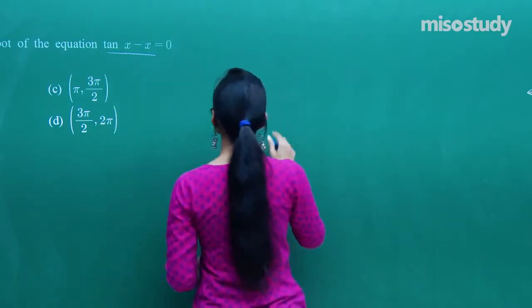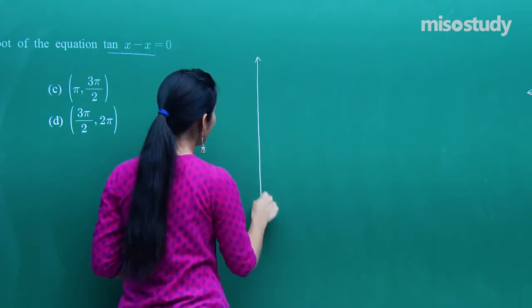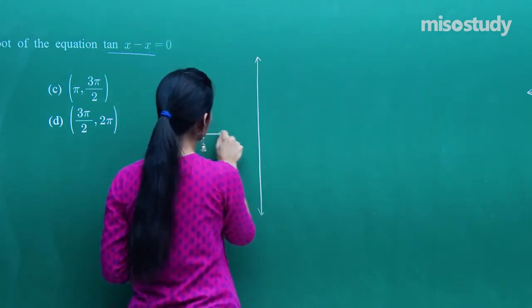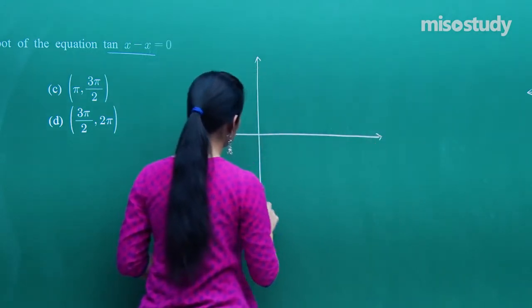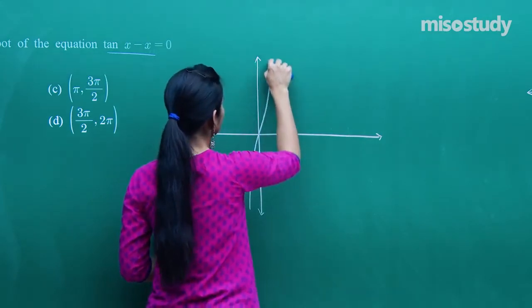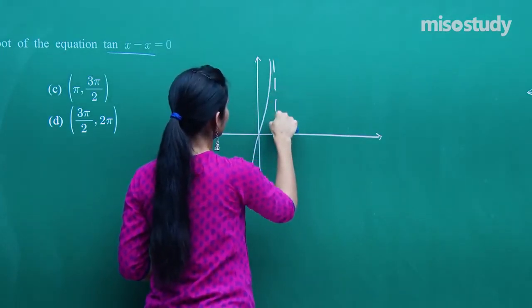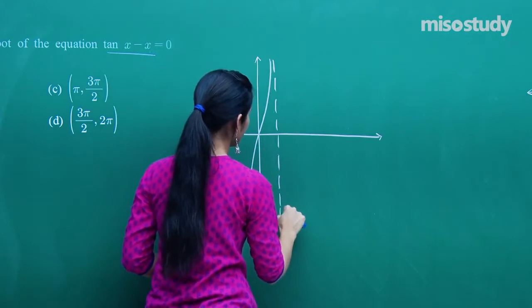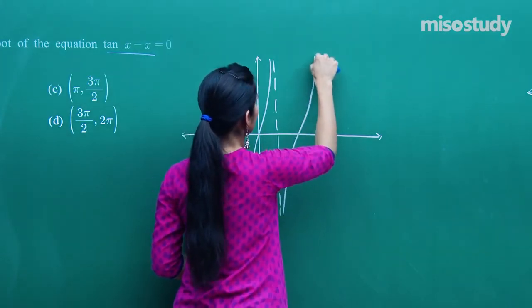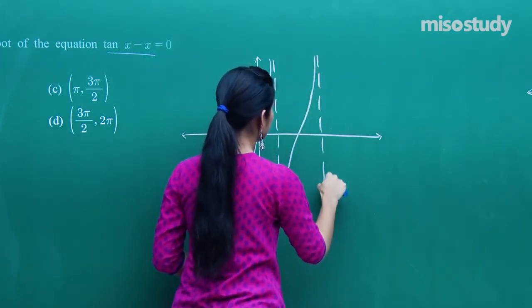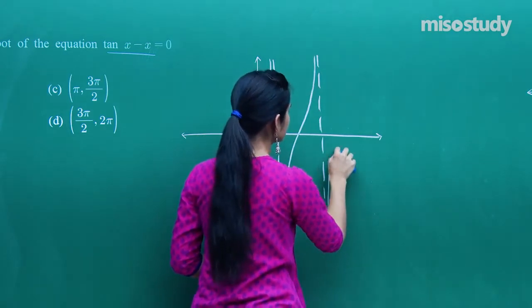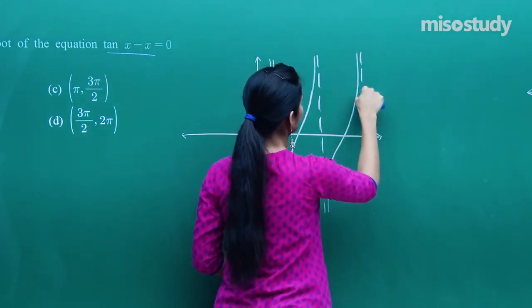So if I talk about the graph of the tan function, this is one complete form. This is another complete form. And then this is another complete form.